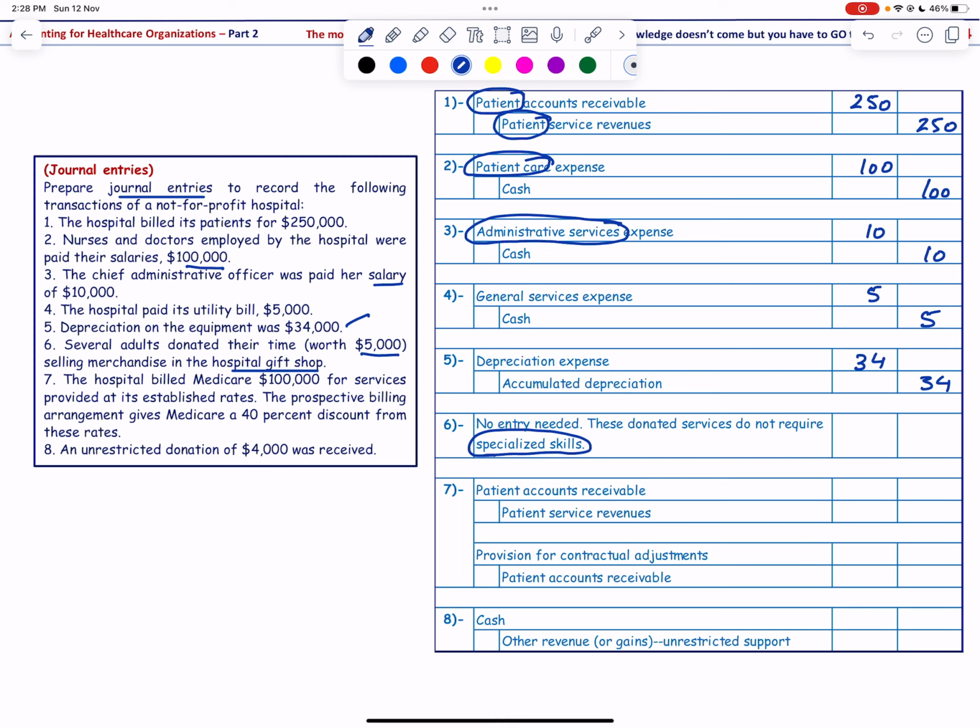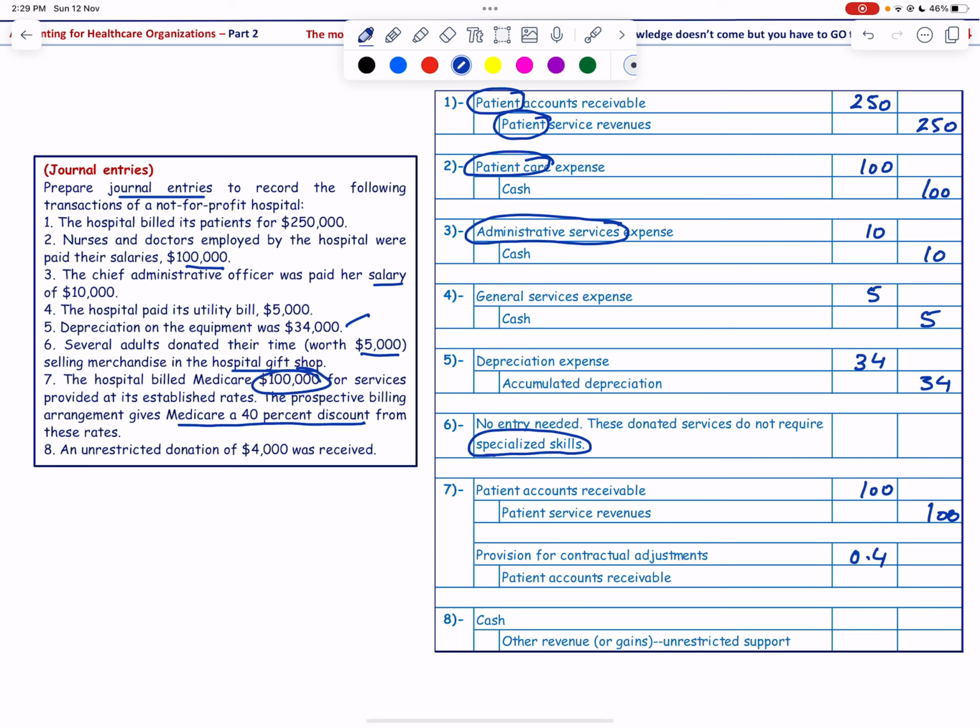Then the hospital billed Medicare 100,000 for services provided at its established rate. So patient accounts receivable is debited by 100,000 and patient service revenue is credited by 100,000. Then the prospective billing arrangement gives Medicare a 40% discount. So we have to make a provision for 40%, and 40% of 100,000 will be 40,000.